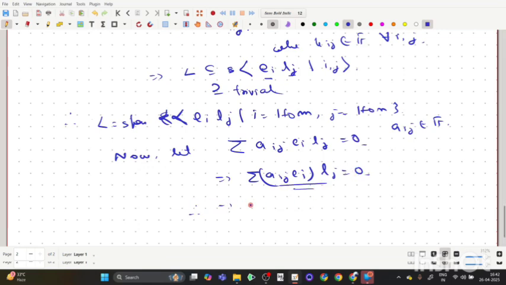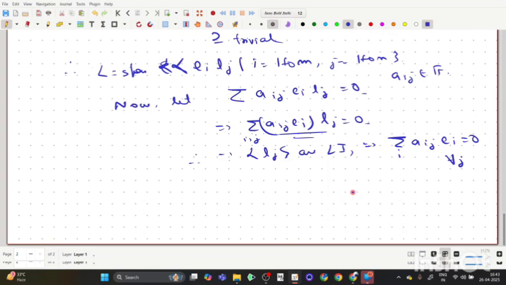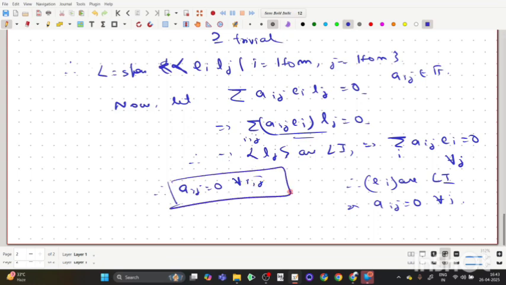Since the l_j's are linearly independent, this implies, so this is over i and j, right, that summation over i of a_ij e_i must be equal to 0 for all j, right? But then since the e_i's are linearly independent, this implies that a_ij is equal to 0 for all i. What does that mean? Getting my point? Therefore, a_ij must be equal to 0 for all i, j. Is it clear?